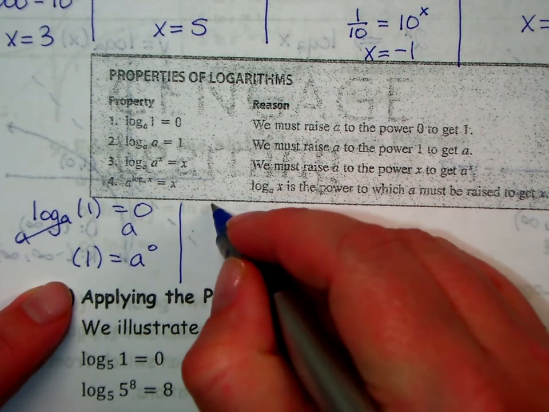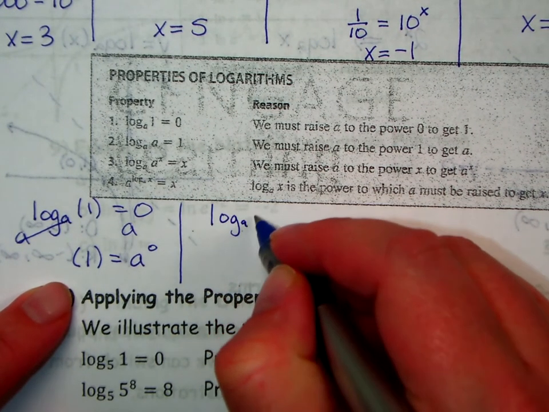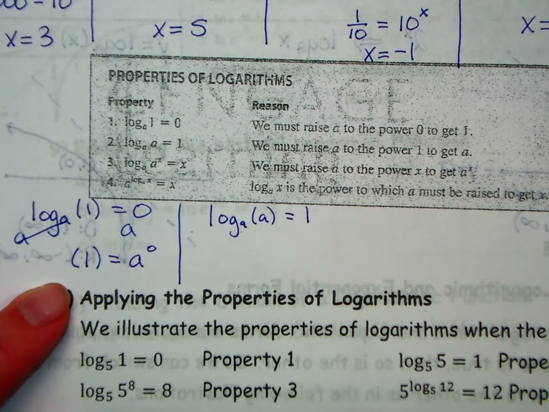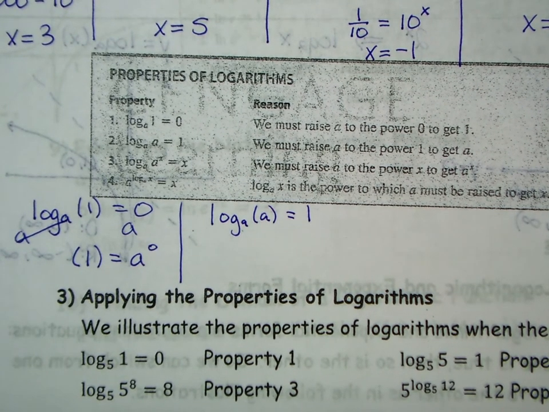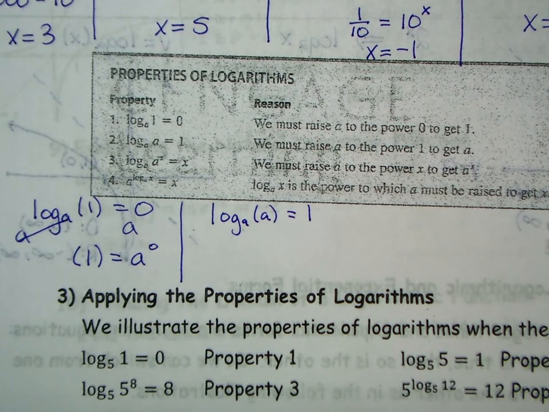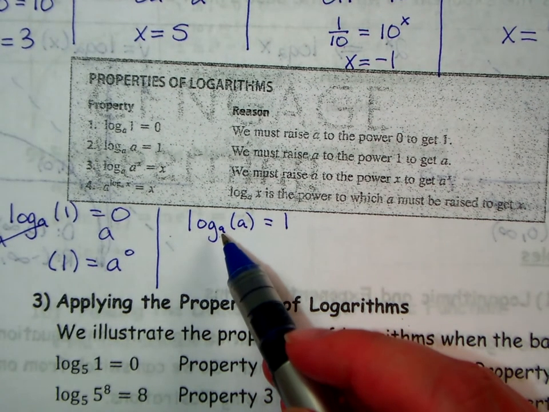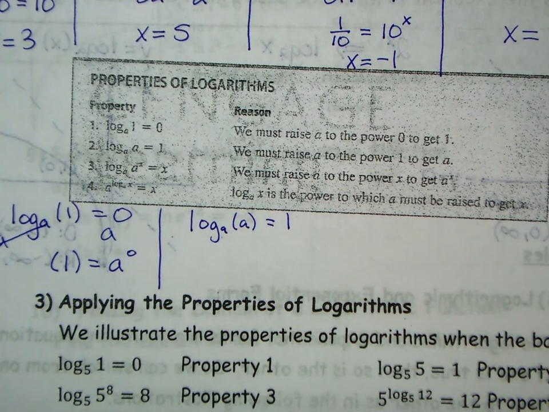Now the next one, log base a of a equals 1. We can work this two ways. I'll go ahead and work it the second way down below. Let's get this in its exponential form first.